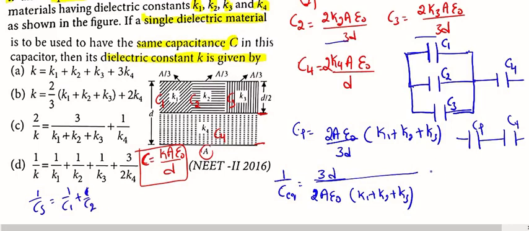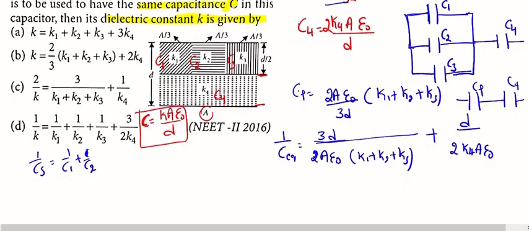Plus for C4, D divided by 2K4 A epsilon naught. Now we have to do the calculation.